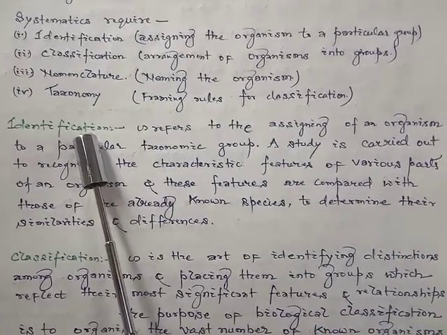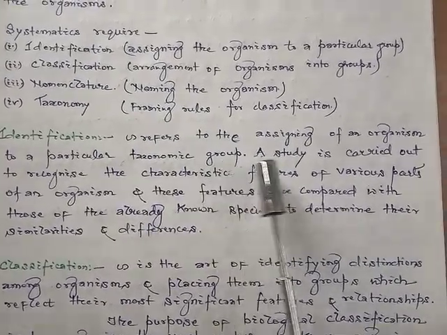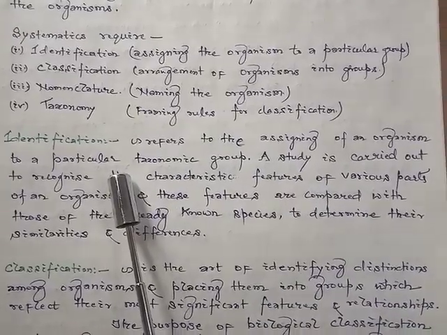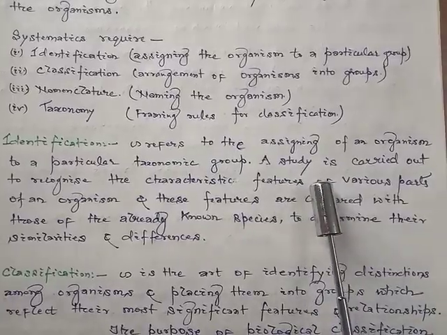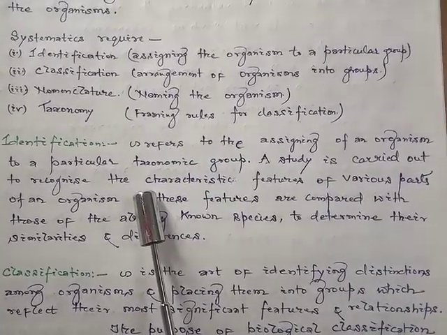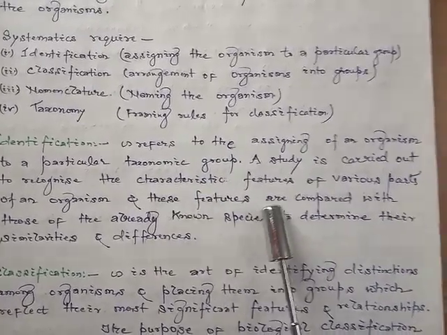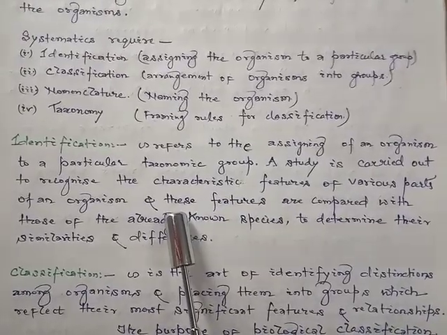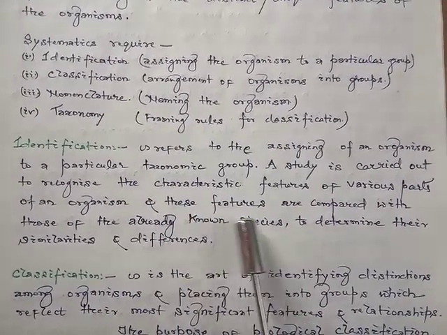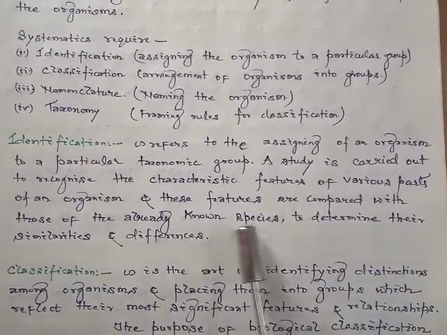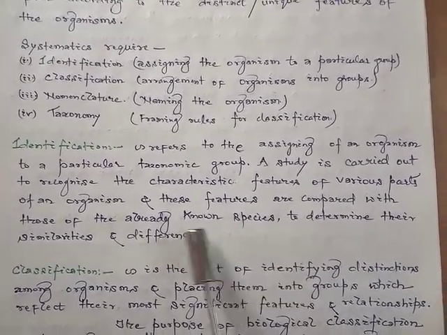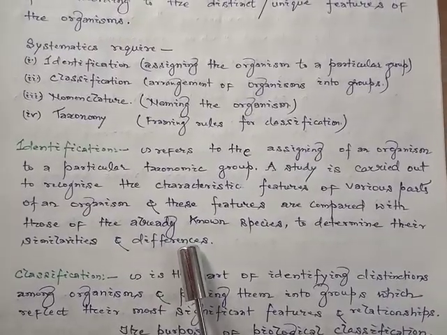Identification, from the name, refers to the assigning of an organism to a particular taxonomic group. A study is carried out to recognize the characteristic features of various parts of an organism, and those features are compared with those of the already known species to determine their similarities and differences.